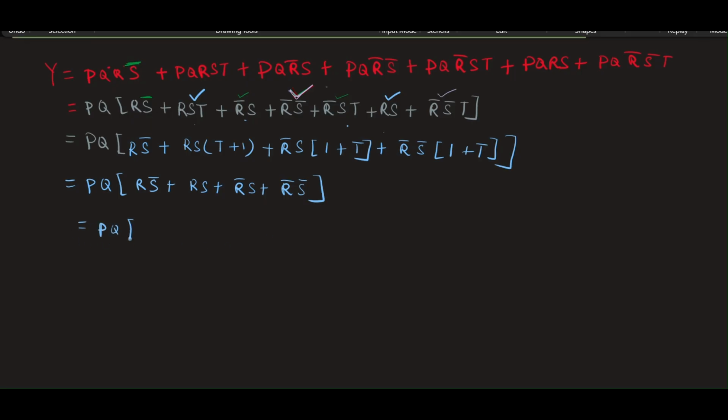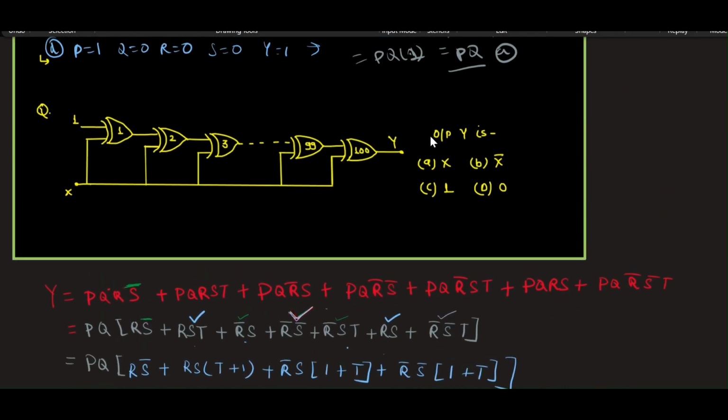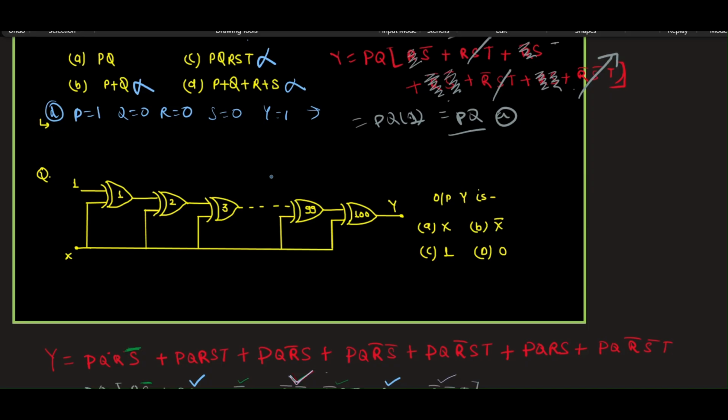Again, you can take R common from the first two terms. This will become S bar plus S. Similarly, you can take R bar common from the last two terms. It will become S plus S bar. So S plus S bar will become 1, it will become R plus R bar, and R plus R bar will also become 1. So we'll be left with PQ times 1, which will be PQ only. So option number A was correct. This is the detailed explanation of all the nitty-gritties involved in this question.